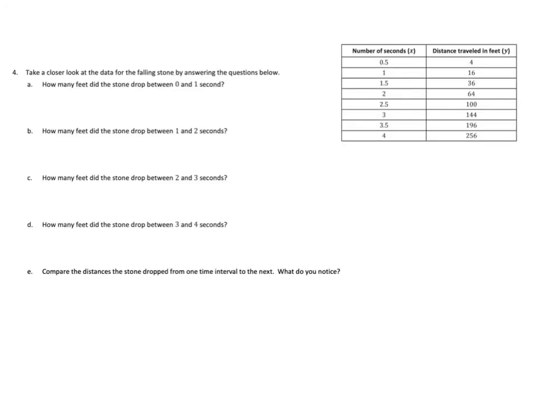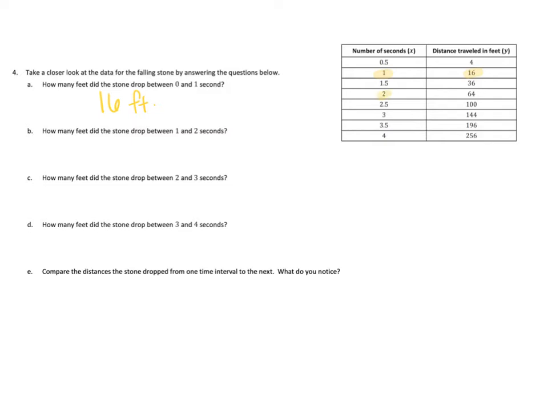All right, number 4 says, take a closer look at the data for the falling stone by answering the questions below. So we're just going to interpret some of this data. How many feet did the stone drop between 0 and 1 second? So to 1 second, we are right here, and we're at 16. 16 feet. Okay. How many feet did the stone drop between 1 and 2 seconds?